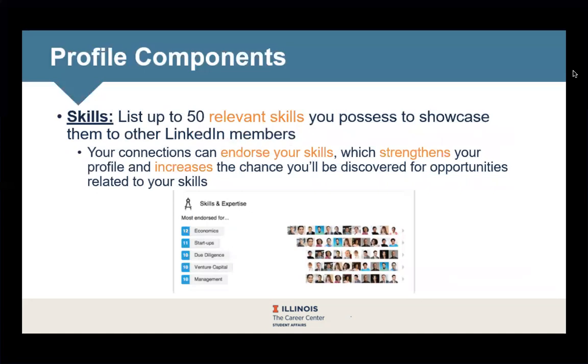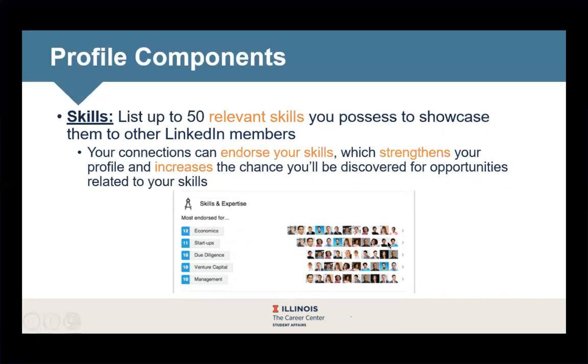Another component is the skills. For me, I'm going into HR, and so I listed all of my relevant skills. One of the skills I have on my profile is public speaking, and other LinkedIn members can go and endorse me for public speaking. It's really neat because if you look at the example, this person has economics, startups, due diligence, venture capital, and management.